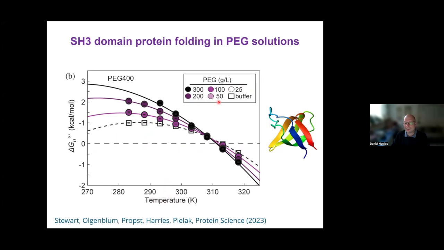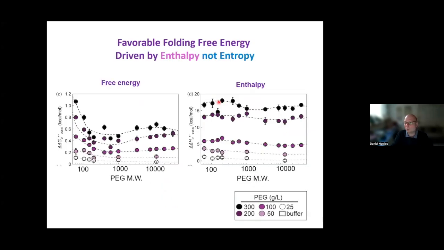This translates into these maps of free energy, enthalpy, and entropy that show that the effect is predominantly enthalpic, and entropy, in fact, goes the wrong way. So it is not helping the stabilization, but works against the stabilization.